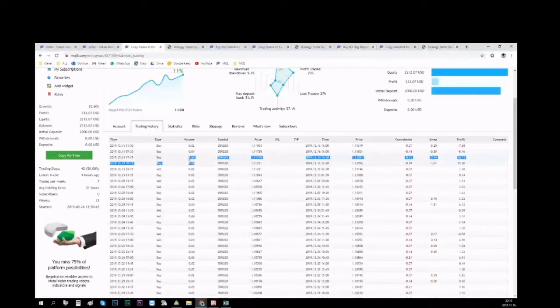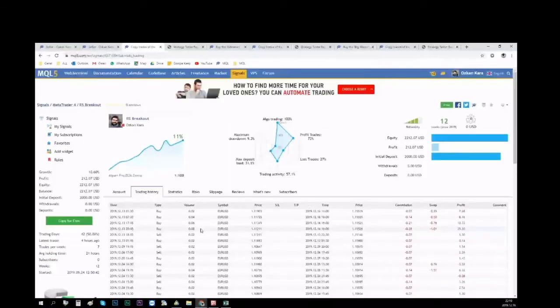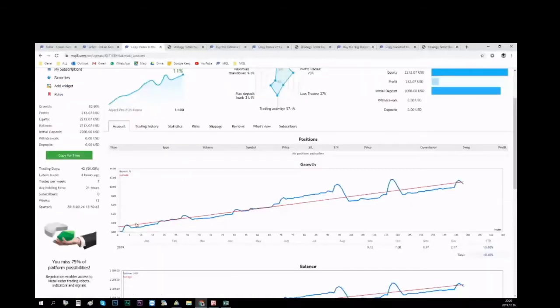I don't like grid systems so much, but this system can protect you from big losses, and you can't open so big lots with this system. If you want to gain stable profits, this system is okay for you because it's going like that, you know. I'm always looking for this stabilization.